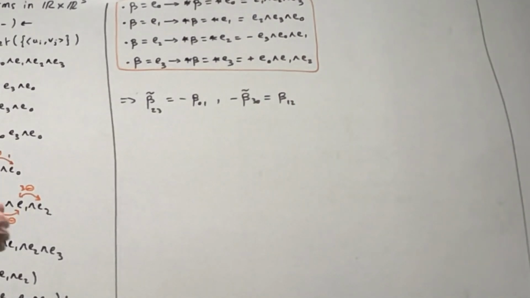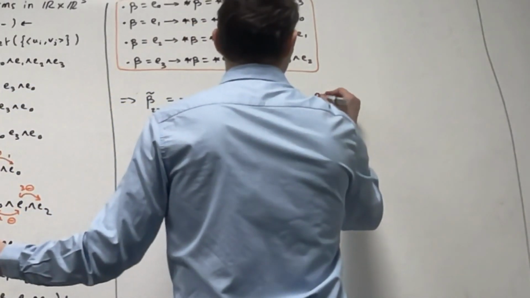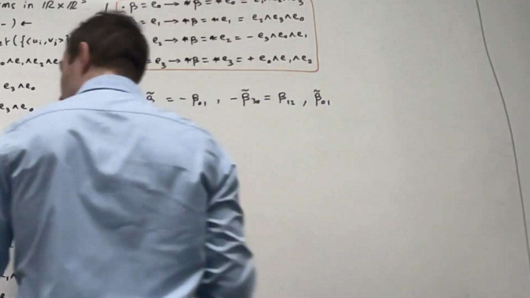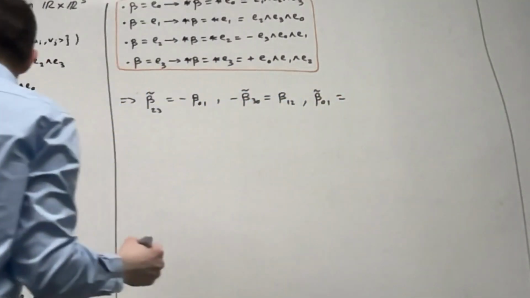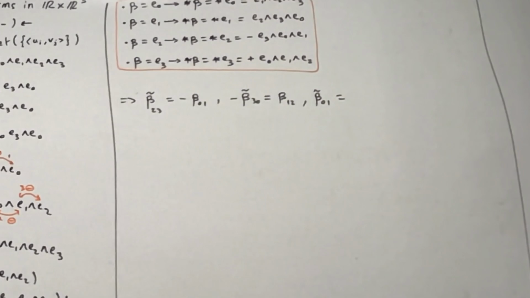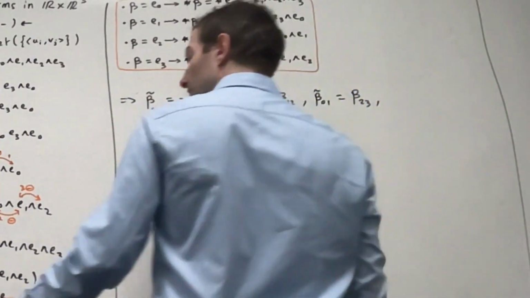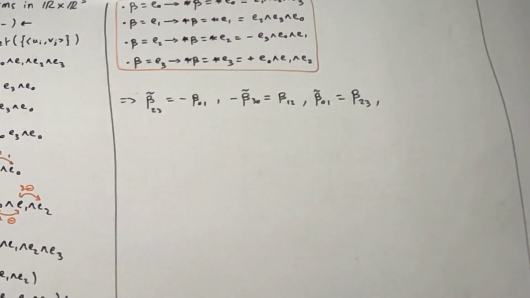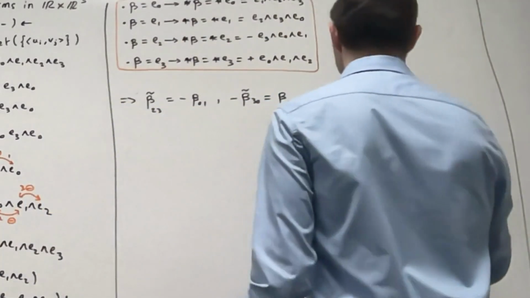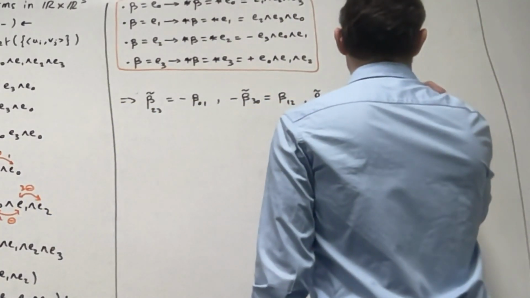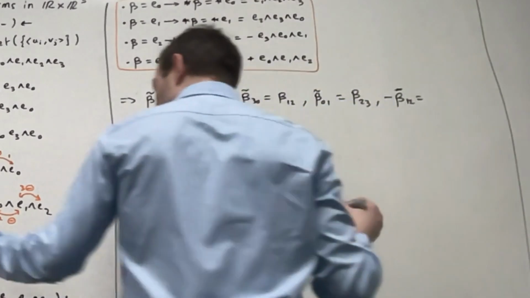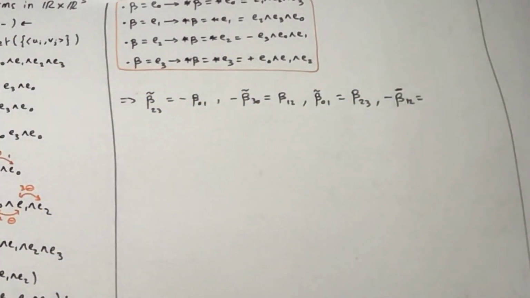Then we have beta tilde 0, 1 is going to be equal to, so that's beta tilde 0, 1, here is alpha 2, 3, equal to beta 2, 3. And then finally the last one, minus beta tilde 1, 2 is equal to minus beta 3, 0.